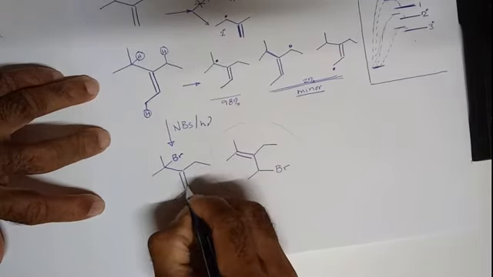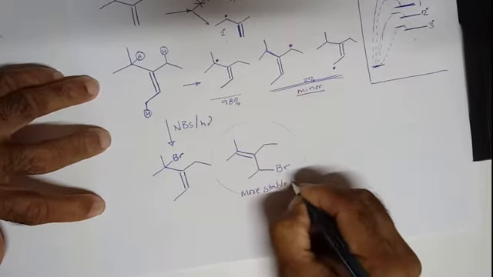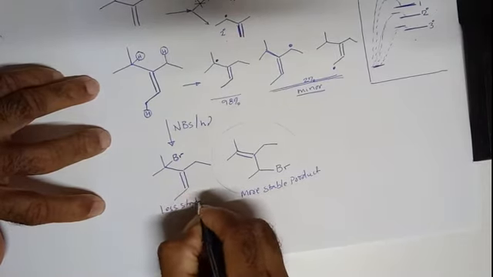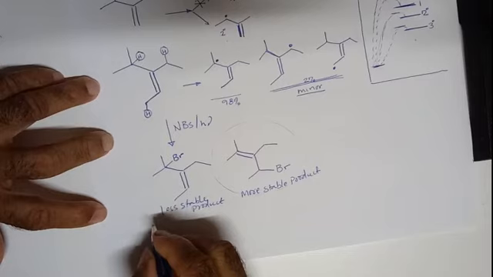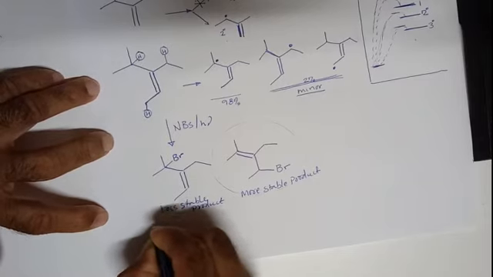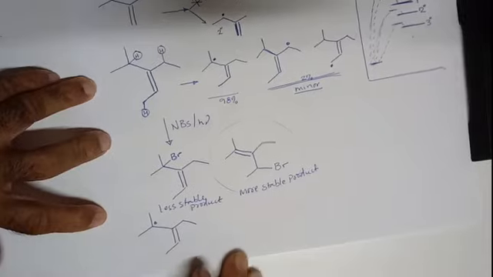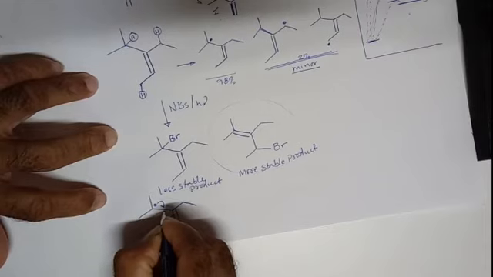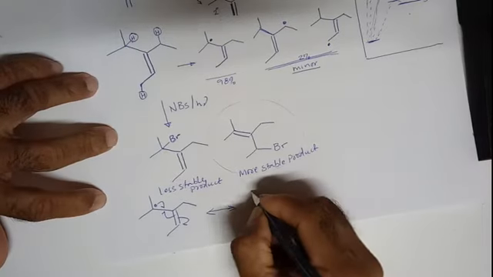Anybody wants to tell me why this is more stable? This is less stable. But this is more stable intermediate. So let's see what is the radical that led to this. This was the radical that was formed, which resonated to give you that radical.